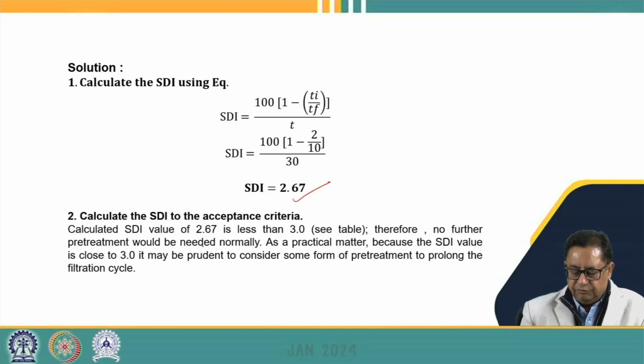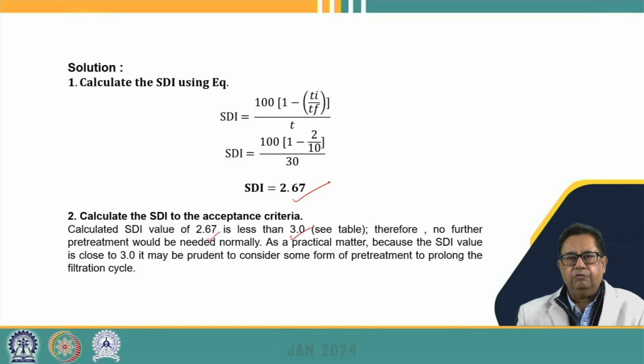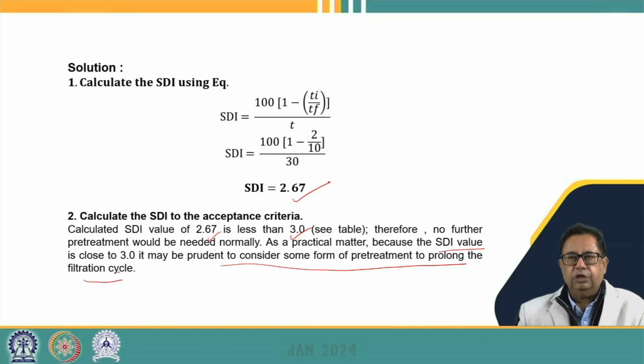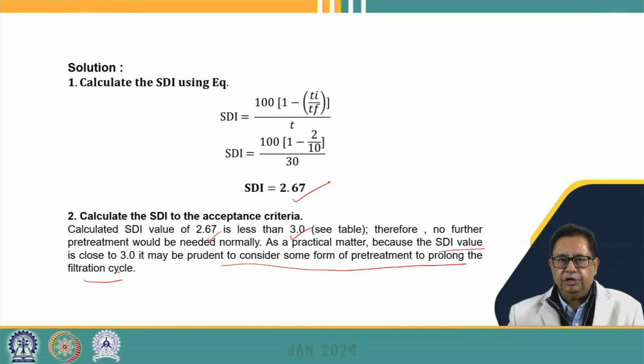If we look at the table that we have given earlier, the SDI value should be less than 3. So it means that we do not require any pre-treatment, and the water can be treated by using the RO process. But because the SDI value is very close to 3, it may be prudent that we include some pre-treatment, so that we can prolong the filtration cycle, or we can enhance the age of the membrane.